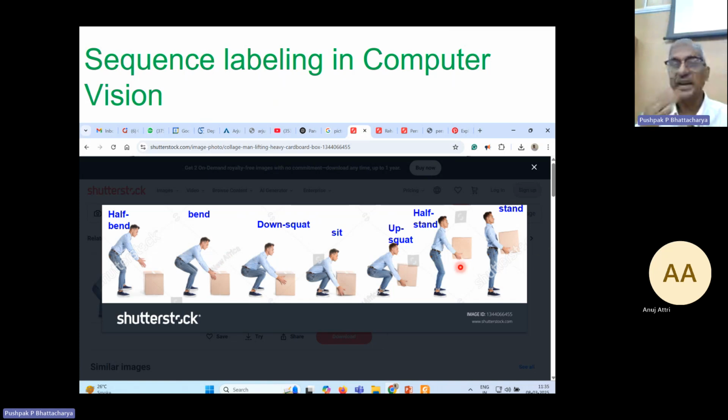Then you find out in how many sequences there was down squat after bend. You find out how many times this happened and how many times bend happened. The number of times down squat happened after bend divided by the number of times bend happened, that ratio will give that probability. This is according to the maximum likelihood principle.